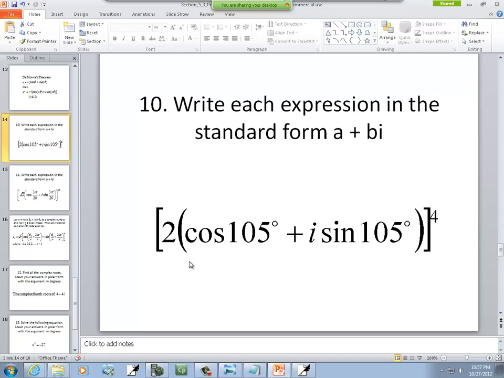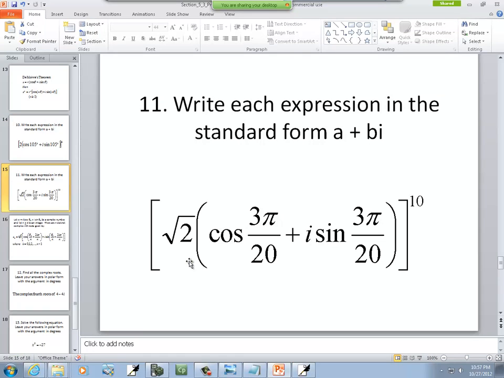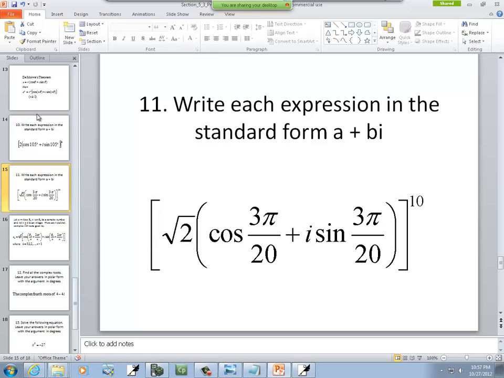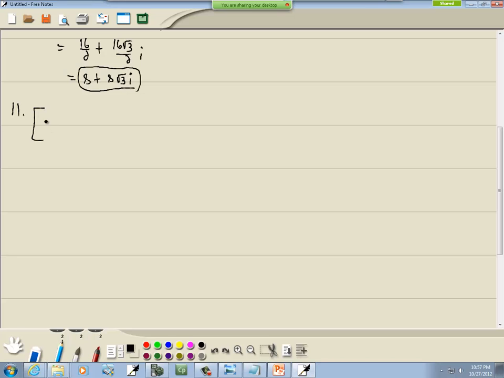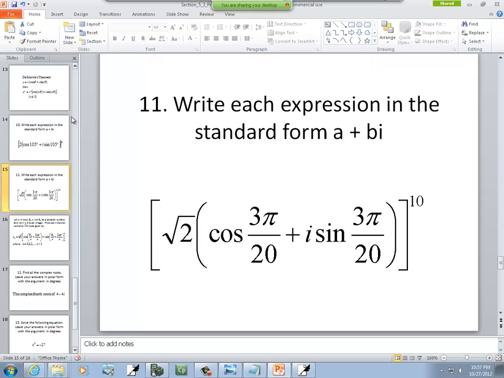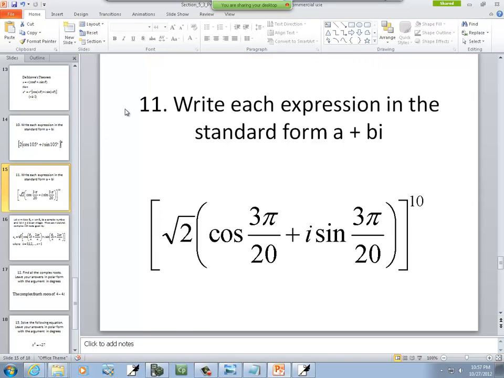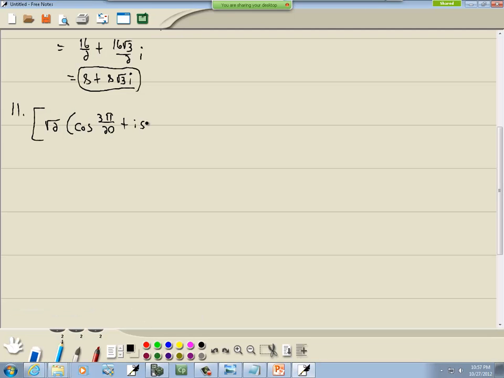And let's look at our next problem. So it's already in polar form. We've got square root of 2 times cosine of 3 pi over 20 plus i sine of 3 pi over 20, raised to the 10th power.